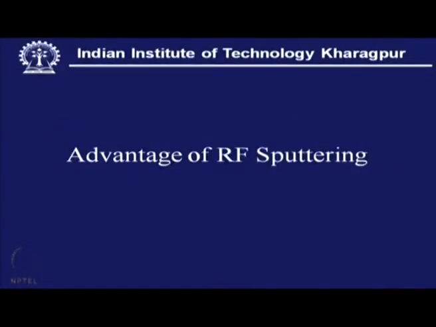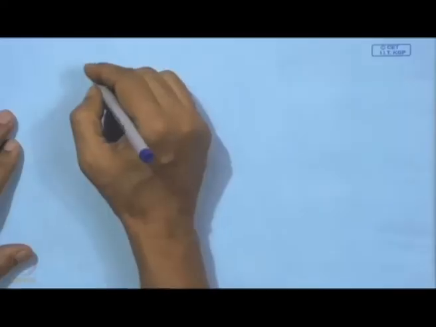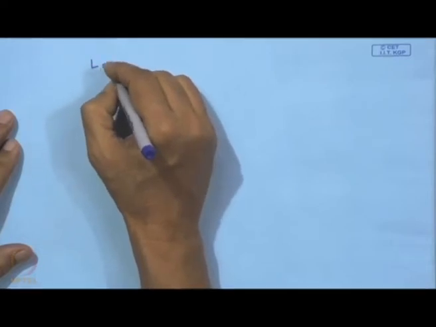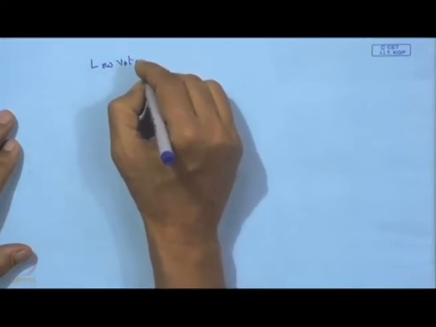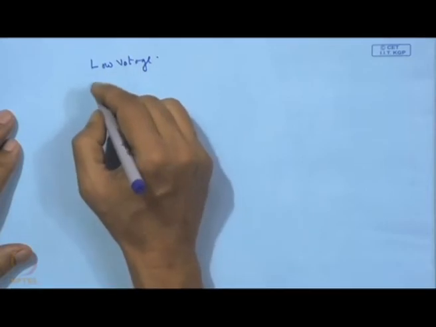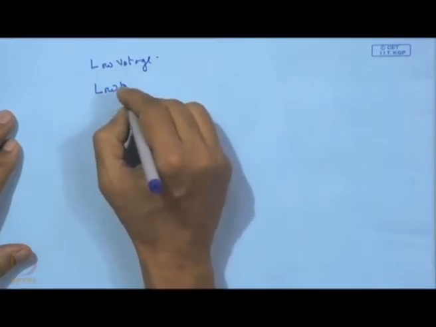Now, there are many advantages of RF sputtering. One of these advantages is, number one, requirement of low voltage, and number two, requirement of low pressure.